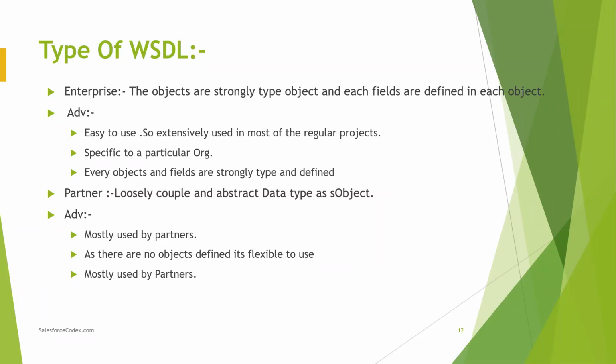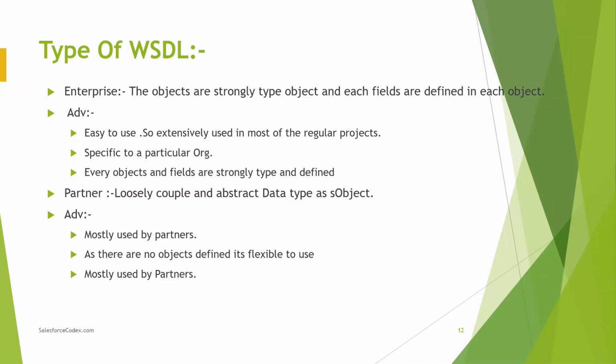When I say hard-coded, it means it will hard-code all your standard objects like account, contact, and your custom objects which end with __c. Every detail is basically a hard-coded value. So this WSDL won't work if you change the org.